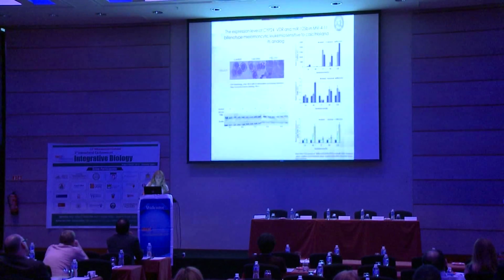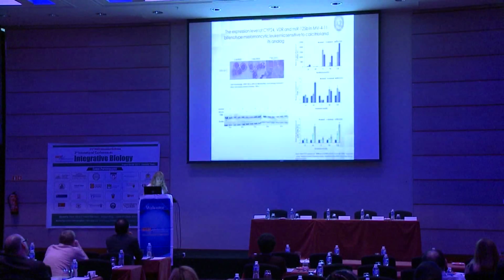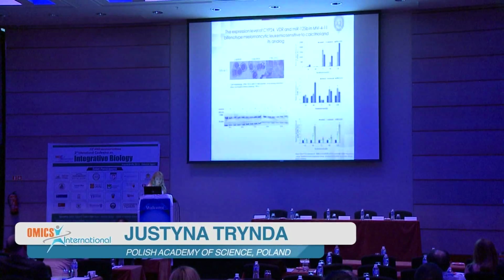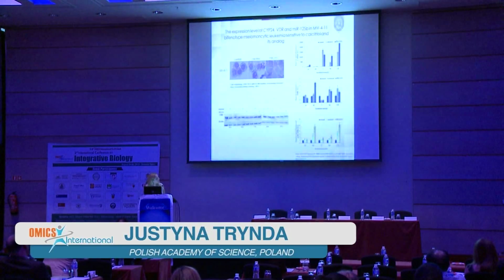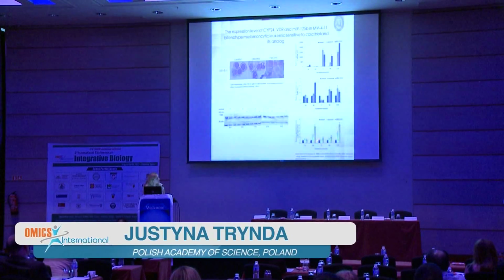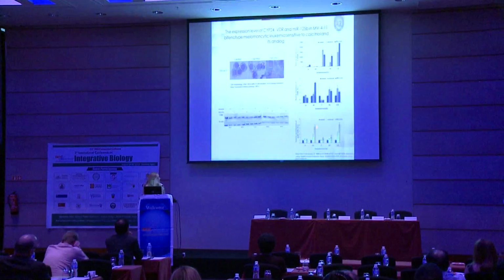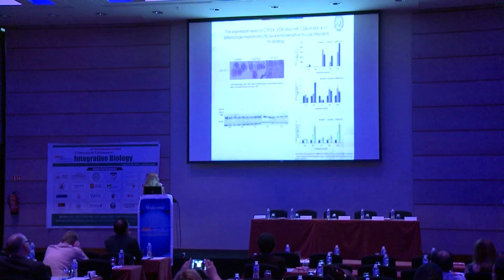And we observed that in the case of the cells sensitive to calcitriol and its analog, the morphology of these cells was changed compared to the control. And what was most interesting, when the microRNA 125b expression level was high, the expression of CYP24 was downregulated.